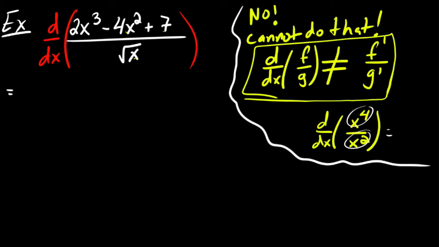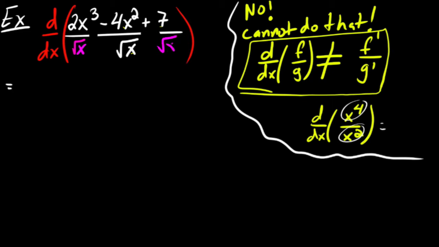So how do we do this? Well, check this out. What if you use a little teeny bit of algebra first, and you go, hey, I can split this up into 3 fractions, all over square root of x. So just use your basic laws for square root of x.